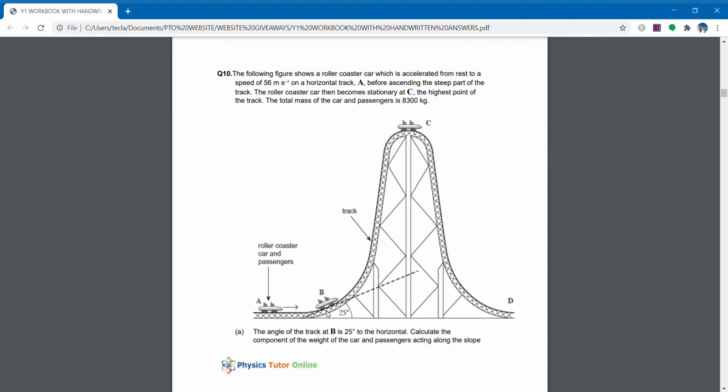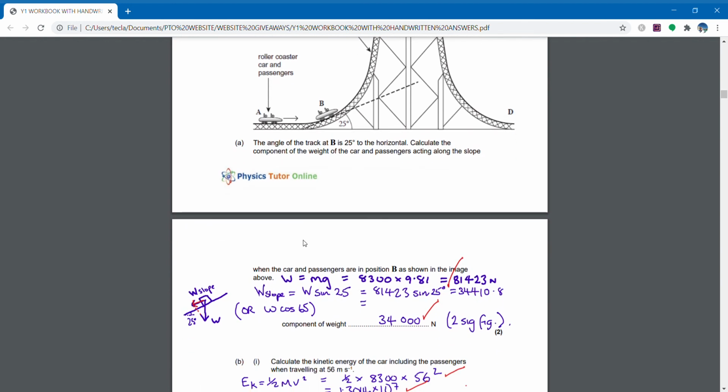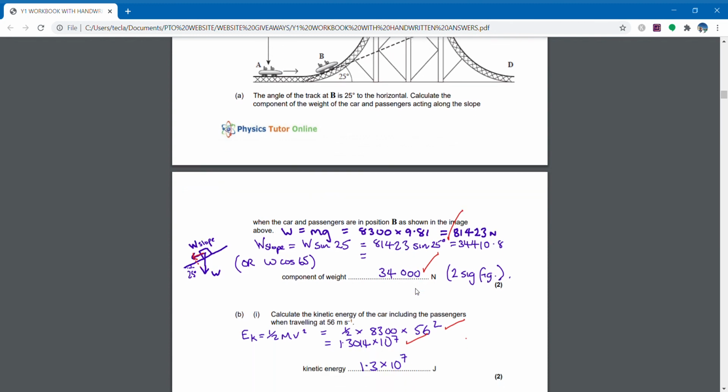So there's going to be a component of the weight here which acts back down the slope, which will tend to pull it back down the slope. So the first thing is to calculate the weight. W equals mg, is 8,300 times 9.81 equals 81,423 newtons.